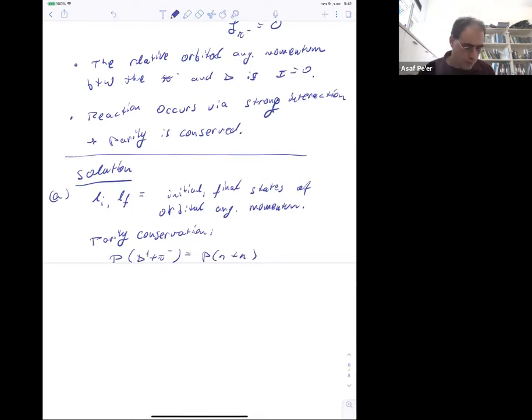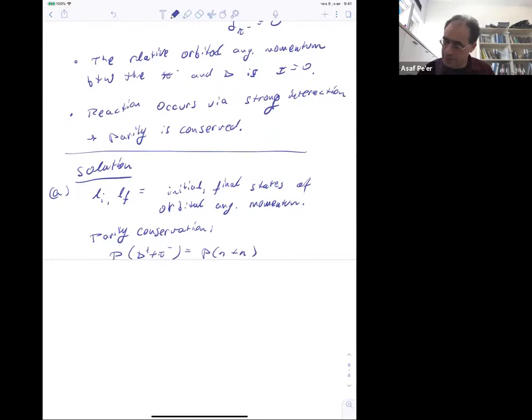Now, this parity is, as I said, intrinsic parity, so eta deuterium, eta pion times (-1) to the power Li, is eta neutron times (-1) to the power Lf.